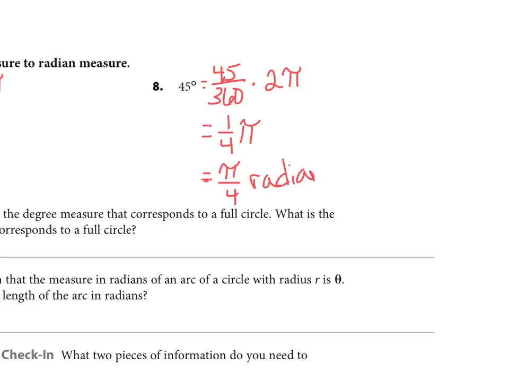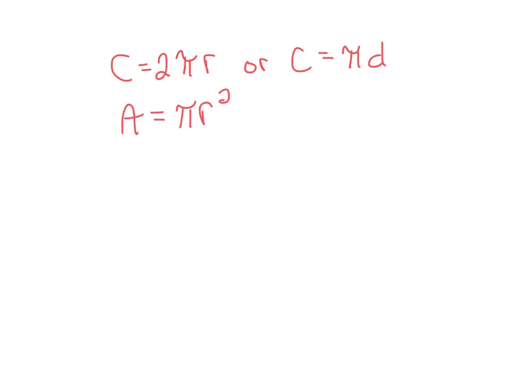Now I'm going to recap real quick. You have circumference, which is 2 pi r, or pi times diameter. You have area, which is pi r squared.